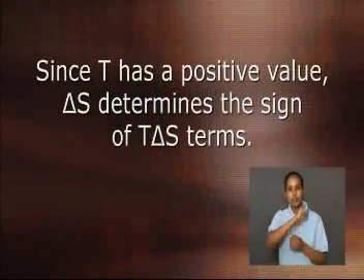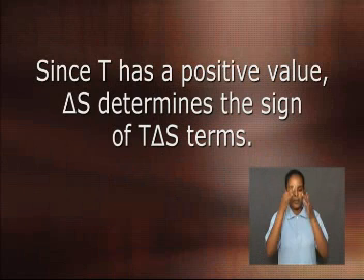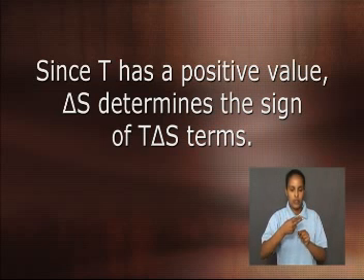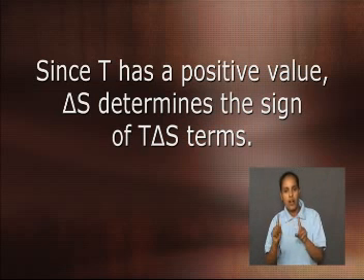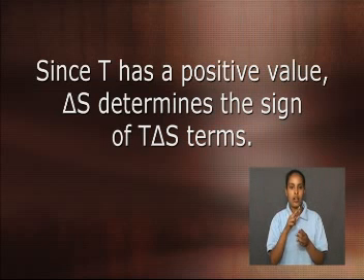As temperature has a positive value, the change in entropy determines the sign of the temperature multiplied by change in entropy terms. As a result, we can make several summarizations for the expression you see here. These are the criterion for spontaneous change.